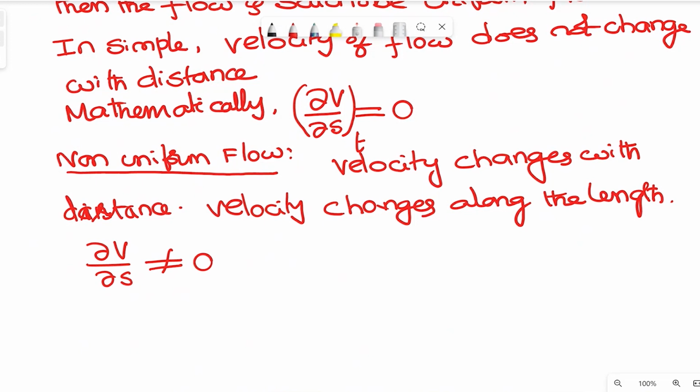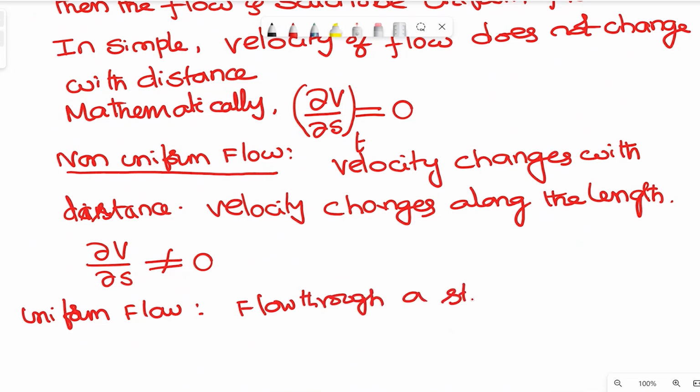So the best examples for uniform flow and non-uniform flow: for uniform flow, flow through a straight pipe of constant diameter.